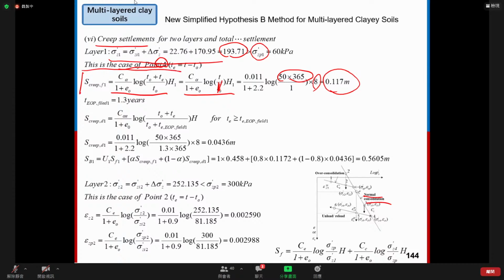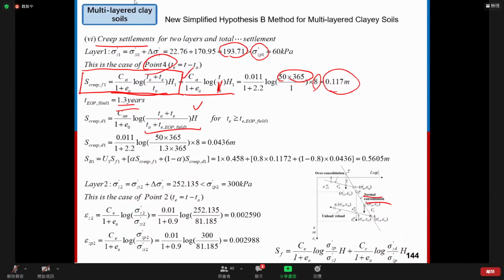The important thing is which equation you want to choose. Because it's on the 0.4 case, we use this equation. And the TEOP we already get, right? And for the creep delay, we use this equation, based on the 0.4 case.